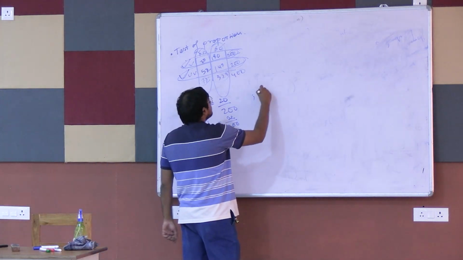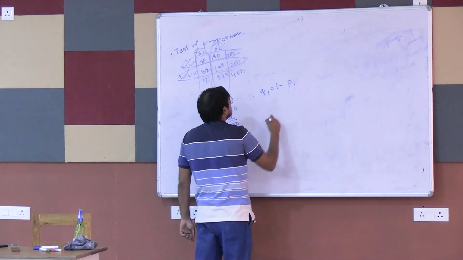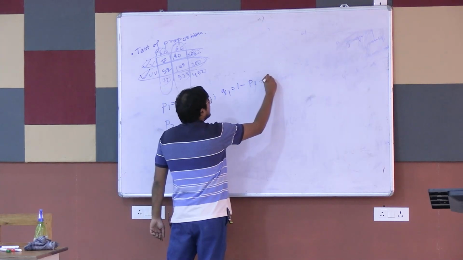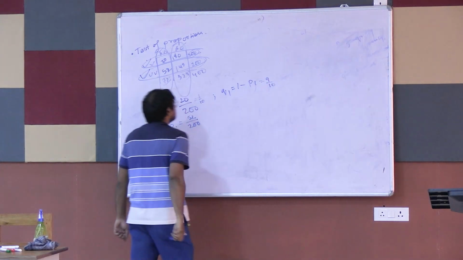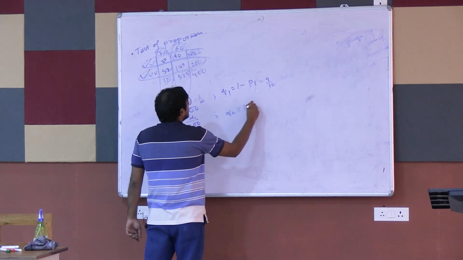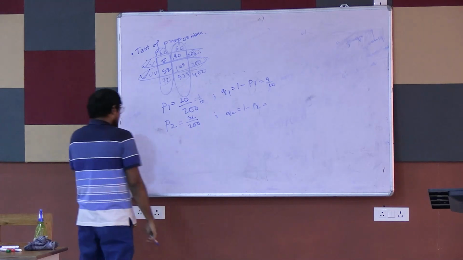Now we define Q1 is equal to 1 minus P1. So 1 by 10, 9 by 10. And we define Q2 is equal to 1 minus P2. What will that come out to be?